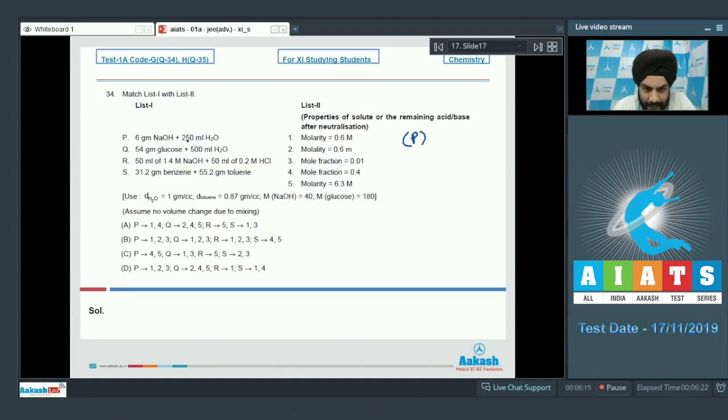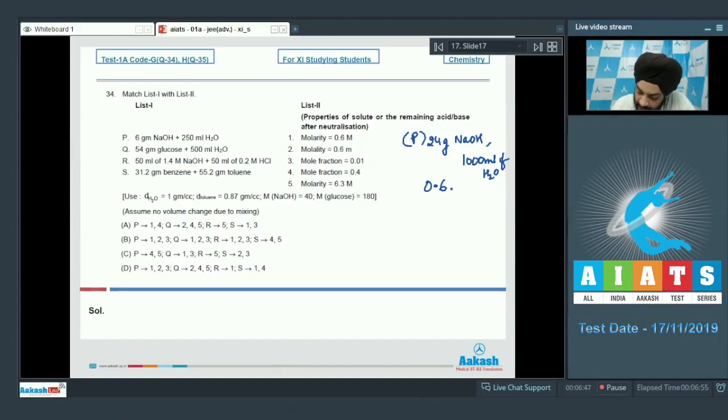So we have to multiply it by 4. So it contains 24 gram of NaOH present in 1000 ml of water. Okay. So if we talk about the moles of NaOH present in 1 liter, students, there are 0.6 moles, and the volume of the solution is to be assumed as the volume of the solvent, as the examiner has told us that there has to be no volume change during mixing.